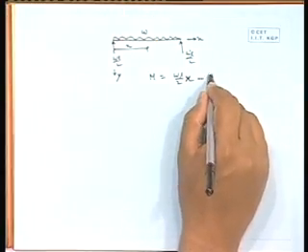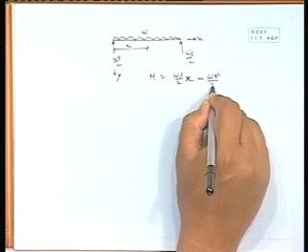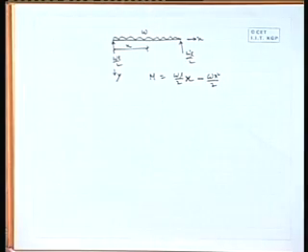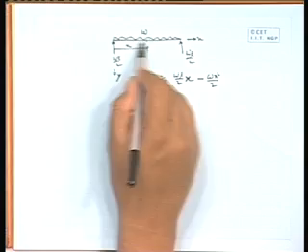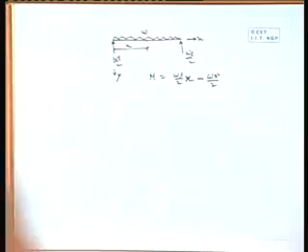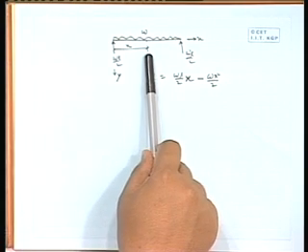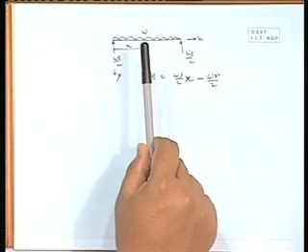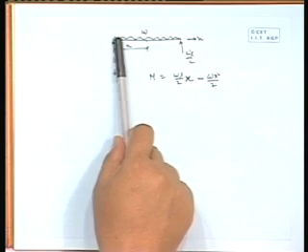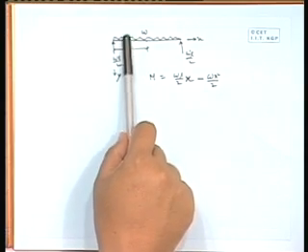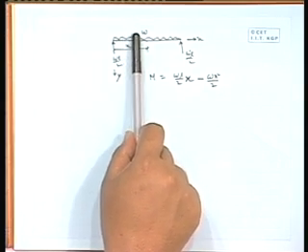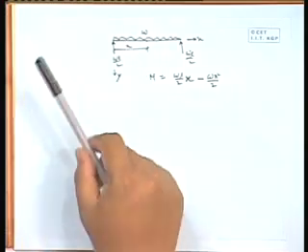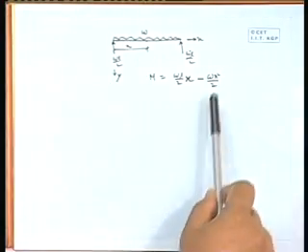That will be omega x square by 2, because up to here the length is x, and per unit length it is omega. So, omega into x will be the total load here, acting at the middle of x, so at x by 2. So, omega x into x by 2 is omega x square by 2.